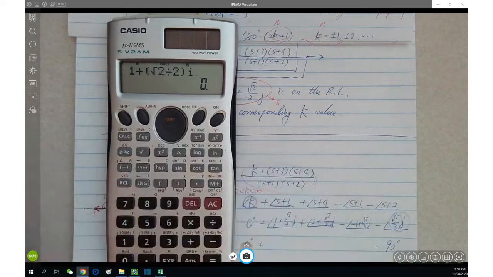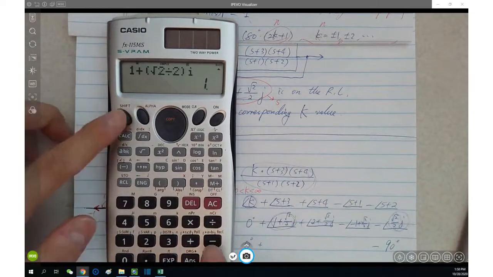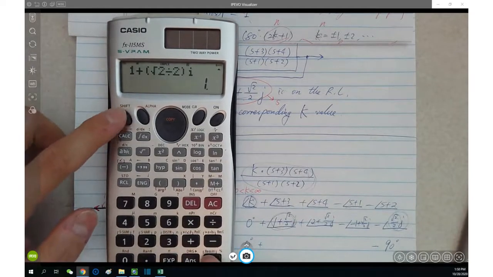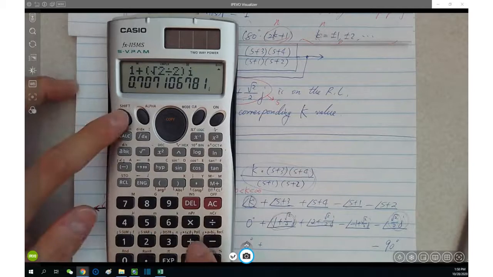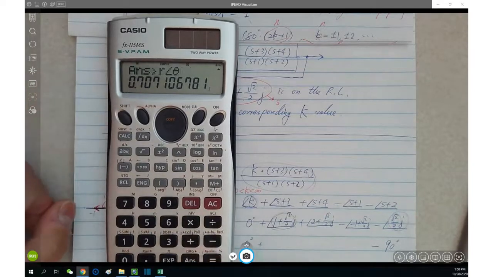You simply input this complex number into the calculator. And then click equal. And of course, you end up with this complex number. And then what do you need to do? Do a conversion by calculator. Okay, do a conversion, convert it to polar form.